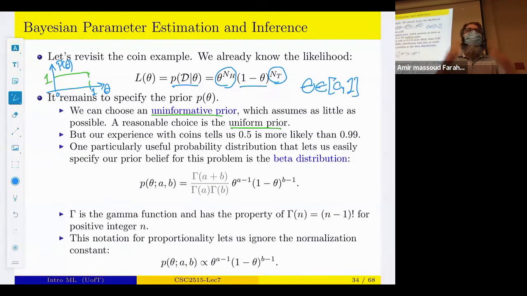So we want to give a preference to values that we believe are more likely. This suggests that maybe we shouldn't use an uninformative prior, a uniform distribution here, but something that is more concentrated around the value of 0.5.